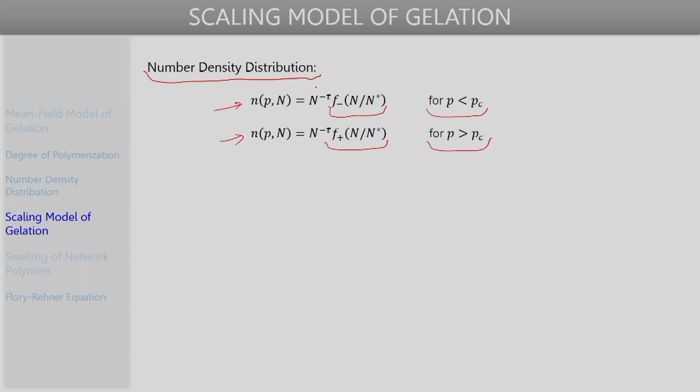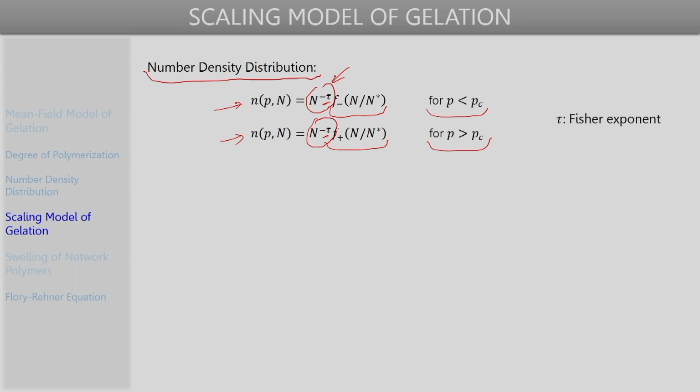Apart from that, we also have this power law dependence, N to the power minus tau, in both cases. This exponent tau is the same below the gel point and above the gel point, and it is referred to as the Fisher exponent. In the mean field model, the power law dependence that we had was N to the power minus 5 by 2.